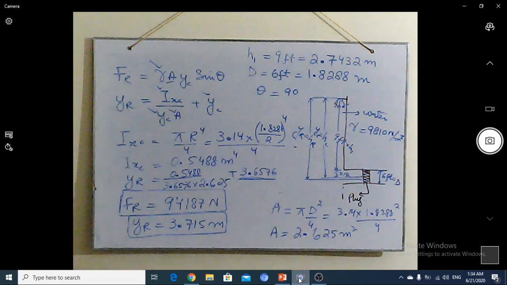So through this numerical, we come to know that the resultant force is always applied below the centroid. The centroid point is higher in position as compared to the resultant force application point on the plane surface.